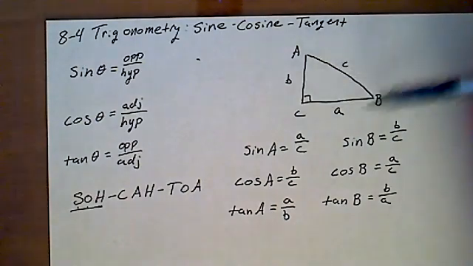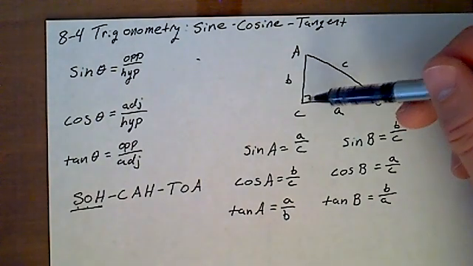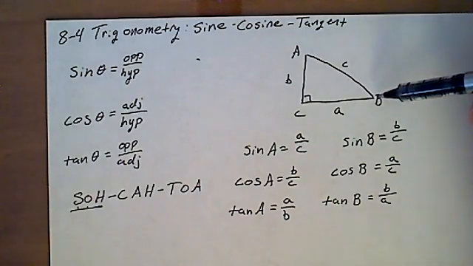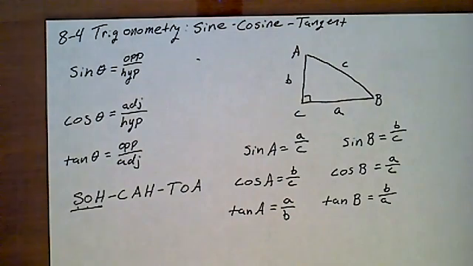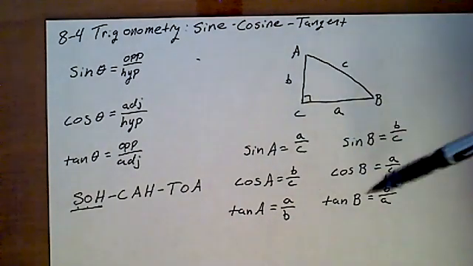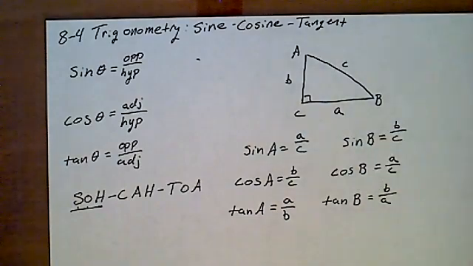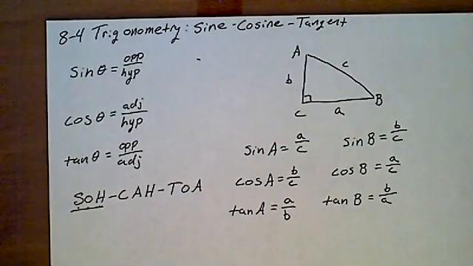Because the three angles are 180, we know 90 of them are at C, so the other two sum to 90. That does mean that both A and B are acute angles, which then plays into these statements down here. All right. Moving forward, we're going to look at some examples for these.